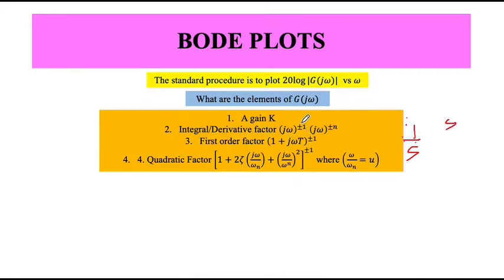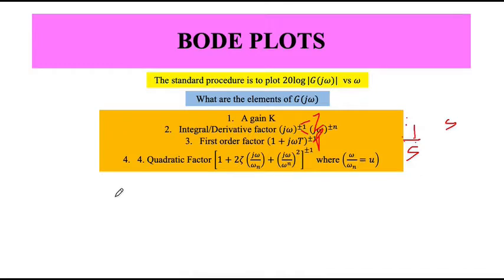Plus is for zeros and minus is for poles, so the respective signs would apply if I write it.